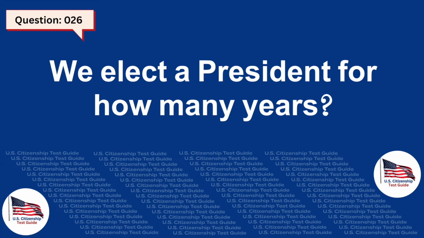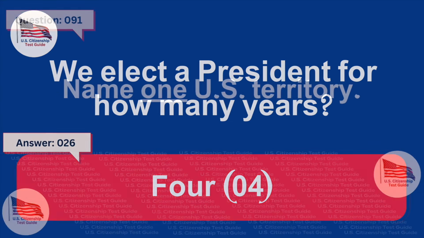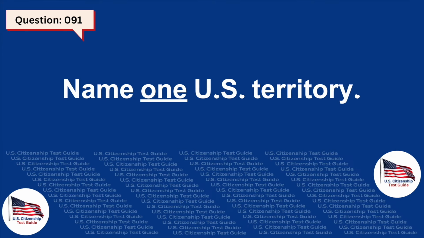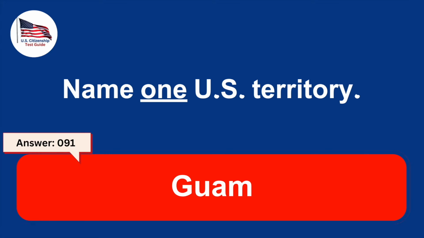We elect a president for how many years? Four. Name one U.S. territory. Guam.